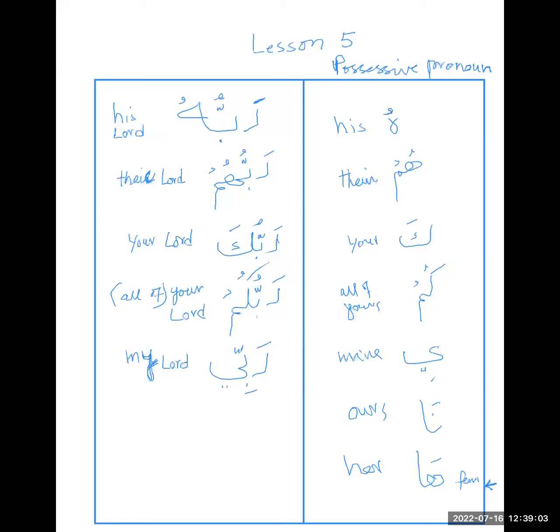Now it's a question to you. Can he call his cousin Rabbi? No, no. So I told him, not only should he not call him Rabbi, he should tell the whole family, and he should tell his cousin that nobody should call him Rabbi. That would be a shirk, right? Calling somebody else a Rabb.